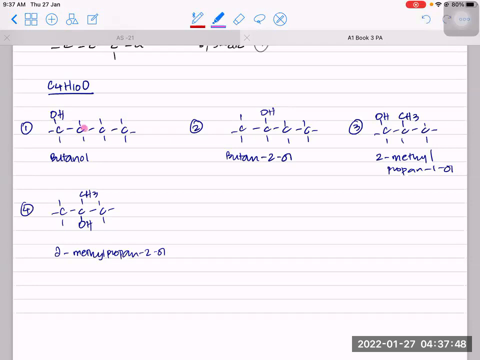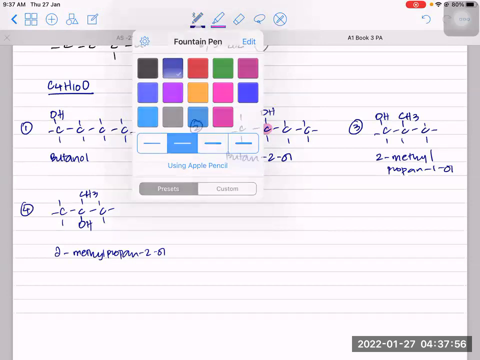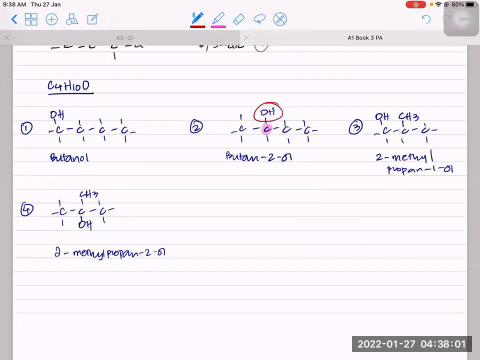No. 2 H's, 2 H's, 2 H's, 3 H's. Can't be chiral. What about this? Can this be chiral? OH, H, C2H5, CH3. Are they 4 different groups? Yes.